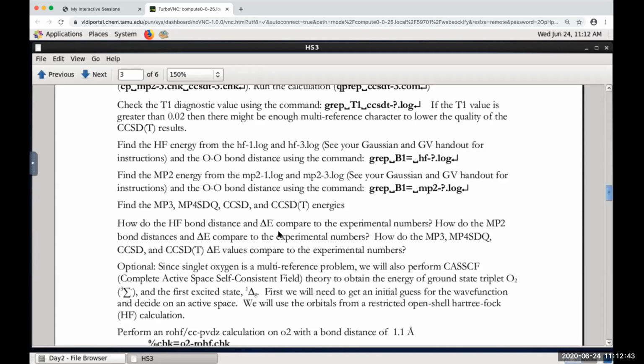So that means that the geometry is going to be updated. We're optimizing the geometry at the Hartree-Fock and the MP2 level, so they should have different bond distances. We're doing a single point energy calculation for CCSD(T) at the MP2 optimized geometry. So if you pull the distance out of the CCSD(T) log file, will it be different than the MP2? You can just say yes or no.